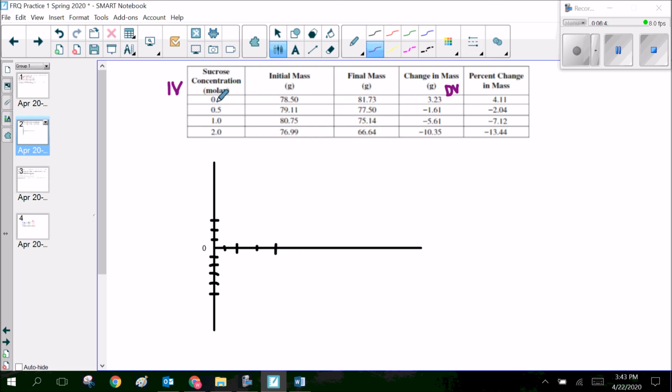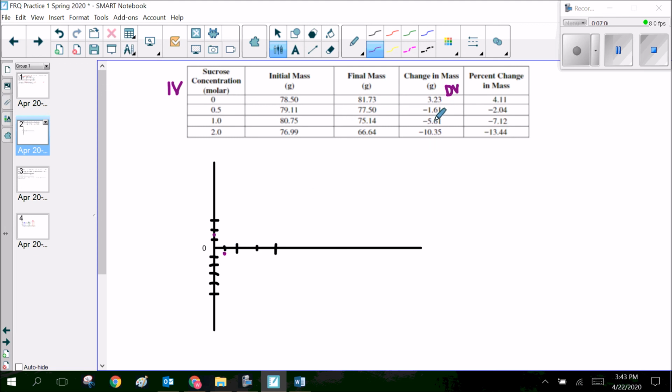So at a sucrose concentration of 0, the change in mass is about 3.2. So at 0, we go up, so 2, and this would be 3, and this would be about 3.2 right here. Okay, so at 0.5 for sucrose concentration, it's -1.6. So 0.5, I'll go down, 1.6 is probably right around here.